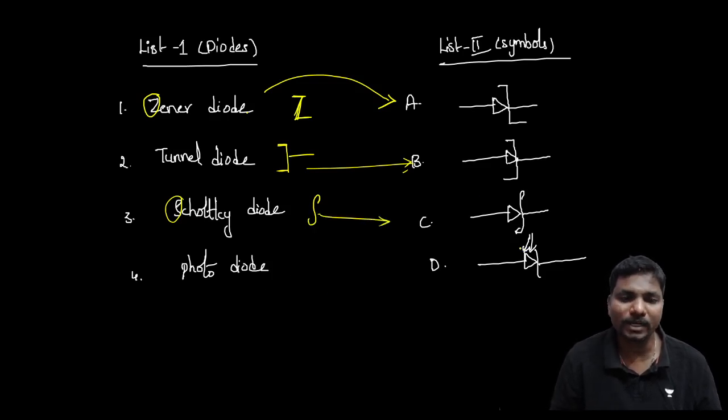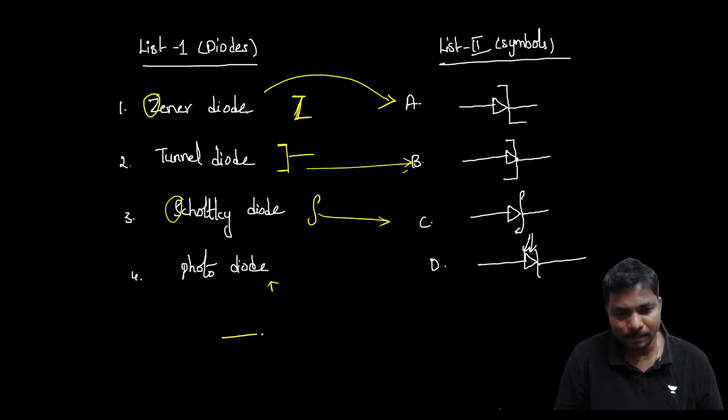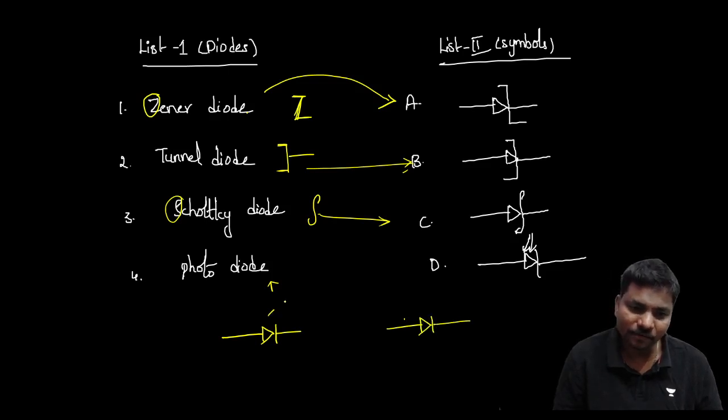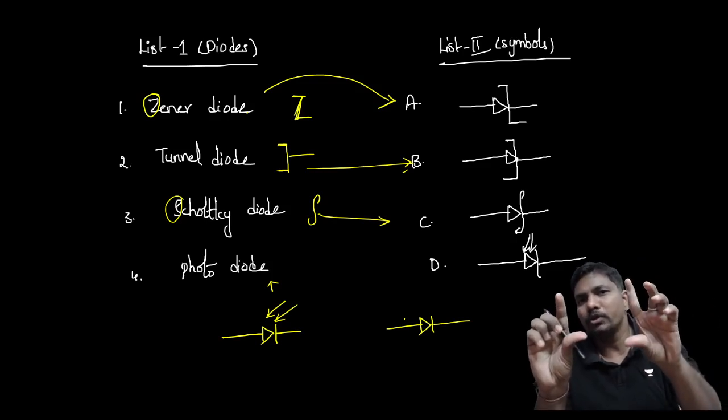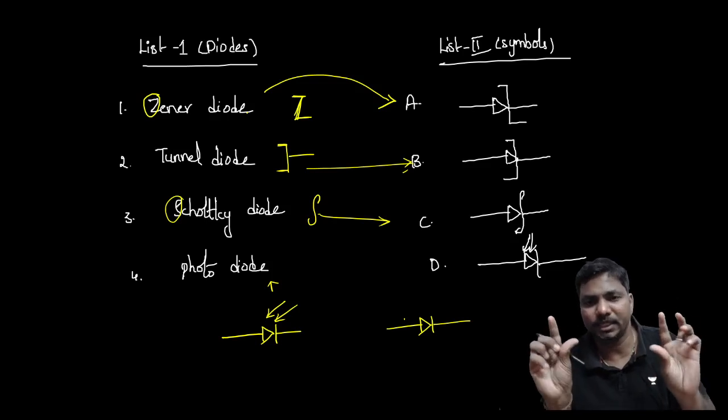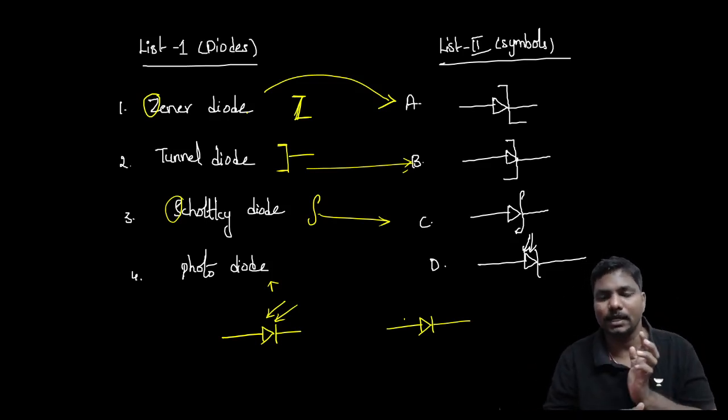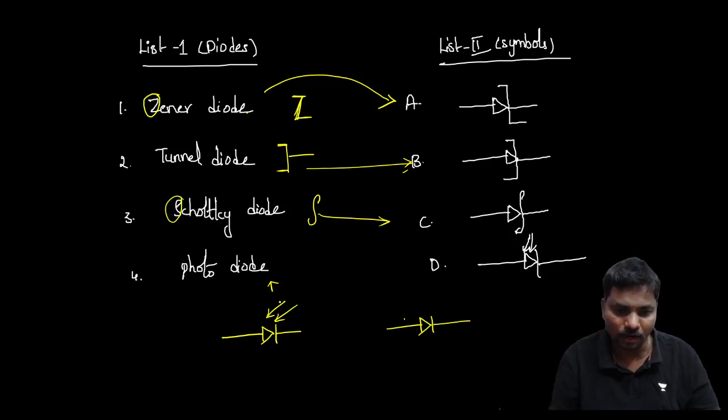Photodiode. Here, many students confuse the symbol of the photodiode and the LED. Remember one simple logic, guys. If we have the two diodes, photodiode means whenever light falls. If you imagine, photo means we click on an object, and some flash falls on that object. That is, light is falling on this diode.